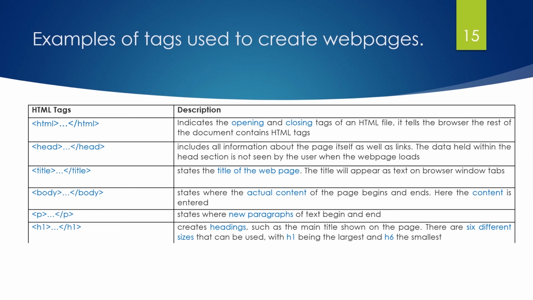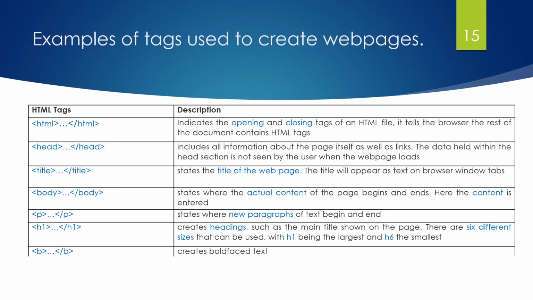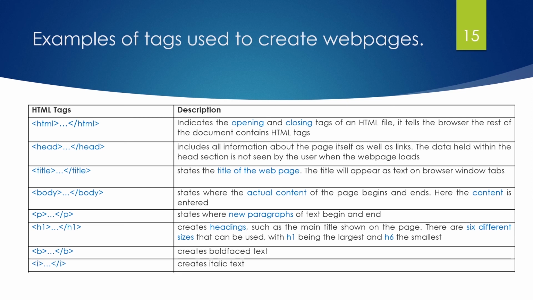There are 6 different sizes that can be used, with header 1, H1 being the largest, and H6 the smallest. So we have H1, H2, H3, H4, H5 and H6, H1 being the largest to H6 being the smallest. We have also B, which stands for bold, so it creates bold-faced text. We have I for italic, so it creates italic text.